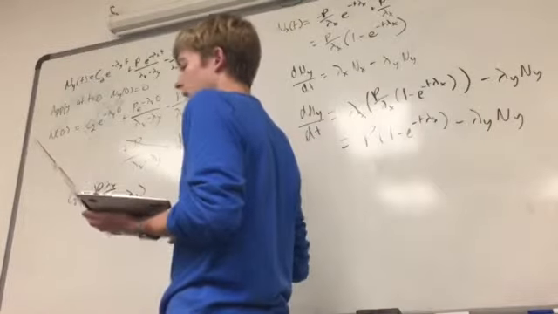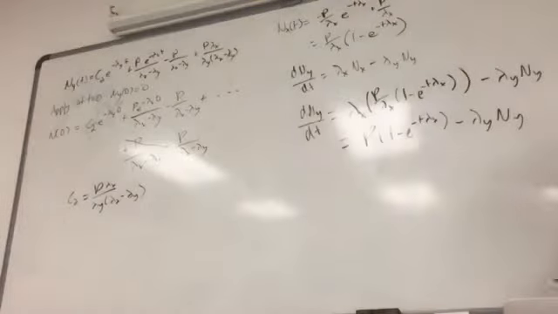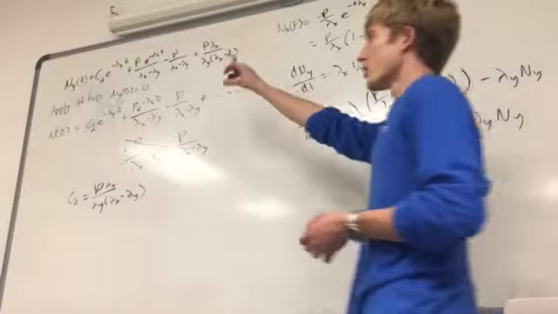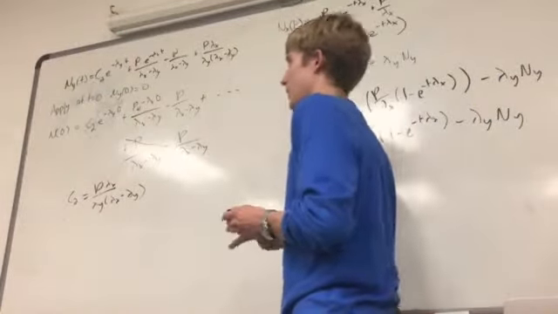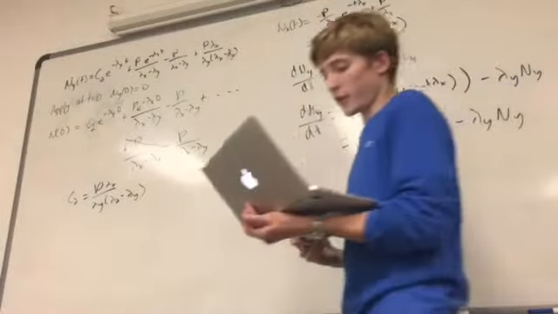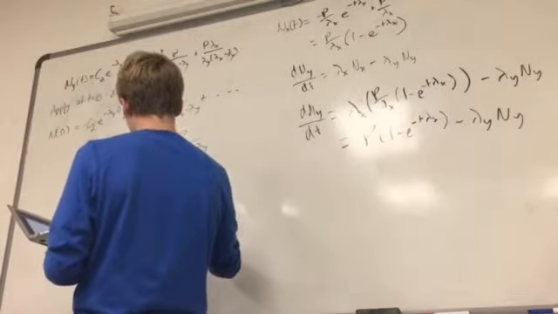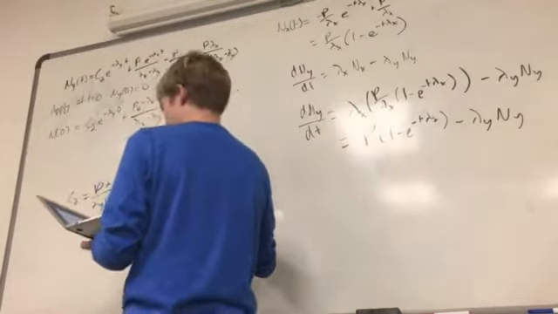Sorry, that's really messy. And you'd plug that back into your expression for N_Y(t), and through a bunch of moving around of variables, you'll eventually get what you find in Crane.